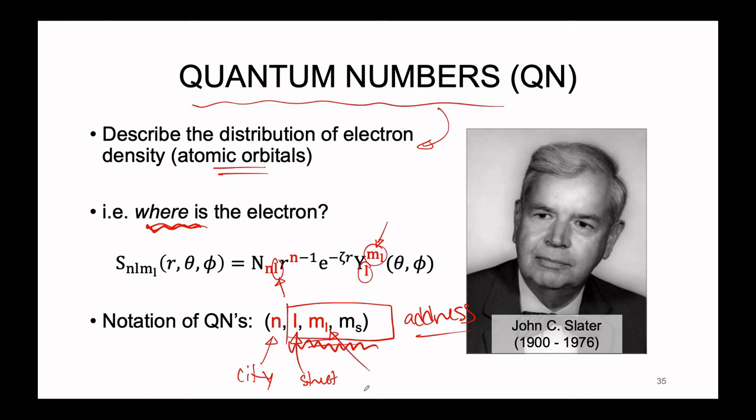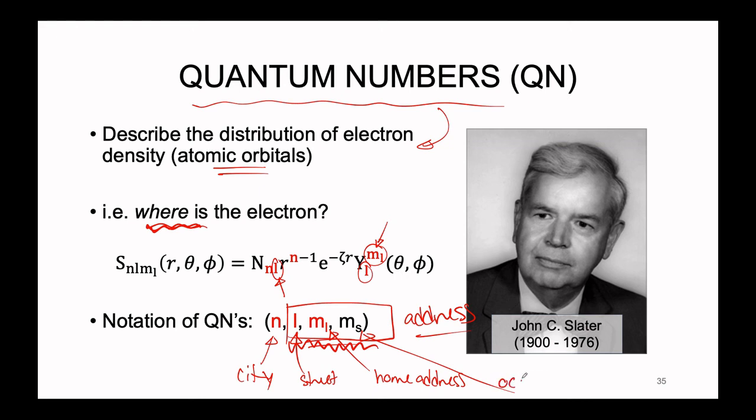The m sub L is going to narrow it down even further in 3D space. This m sub L gives us the home address. So we need each of these 3 pieces, the home number as well as the street as well as the city, to figure out exactly where we are going, where the electron is located, in what suburb it can be found. The m sub S is even more specific than that.